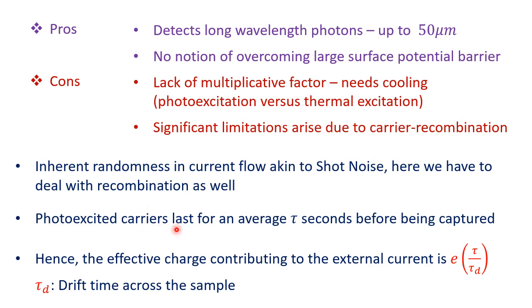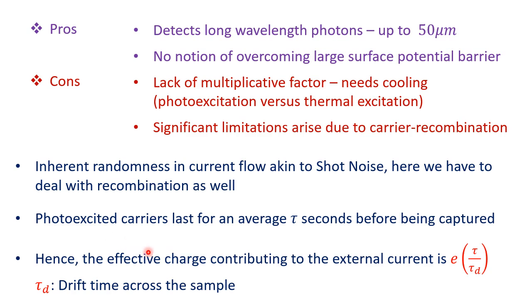And typically, we will construct this argument carefully. Typically, the photoexcited carriers last for an average of, let's say, tau seconds before they are captured. So for example, the photoconducting block of semiconductor is of certain length, right? So there is a certain time required for the electron to go from one end to the other end to contribute to current in the external circuit, right? So if the electron is lost midway, we sort of lose the current.